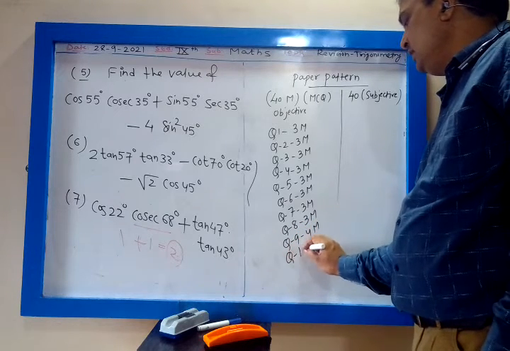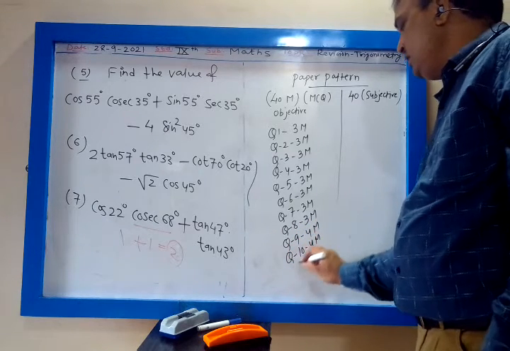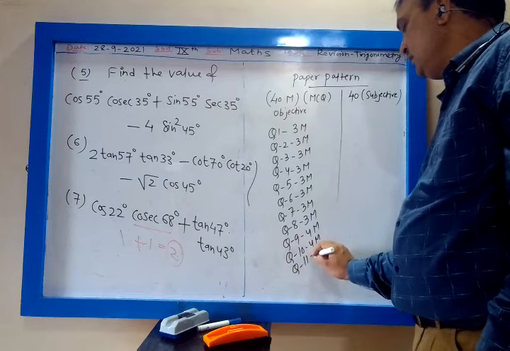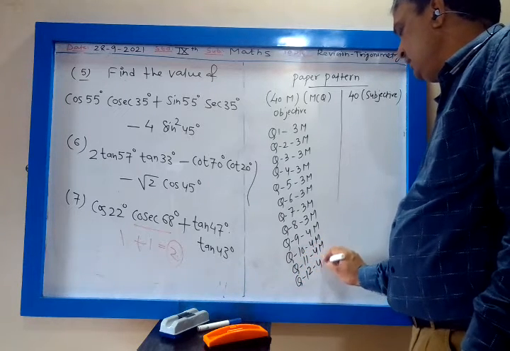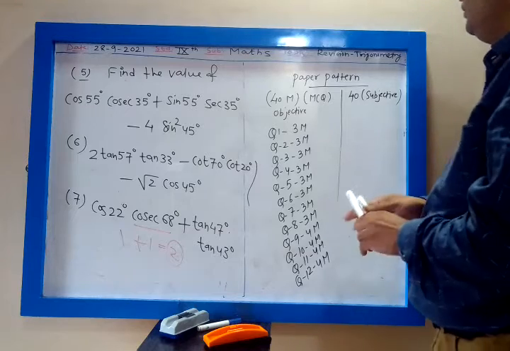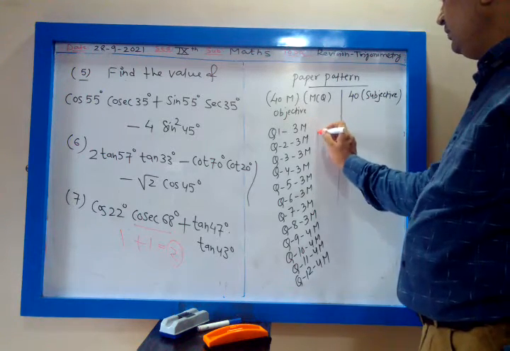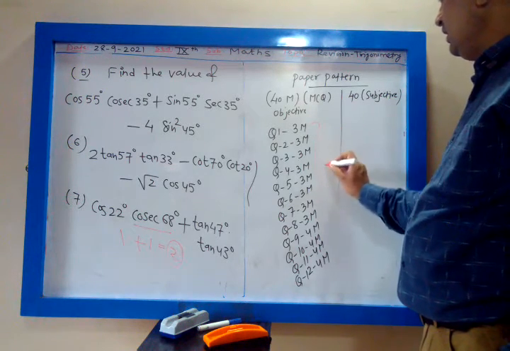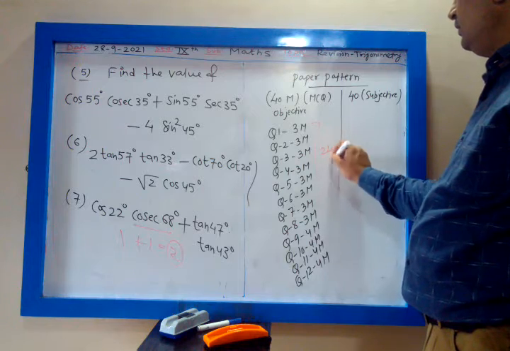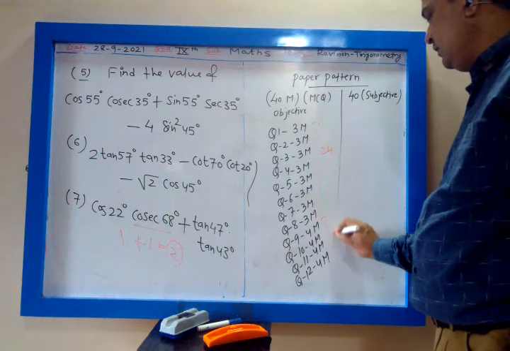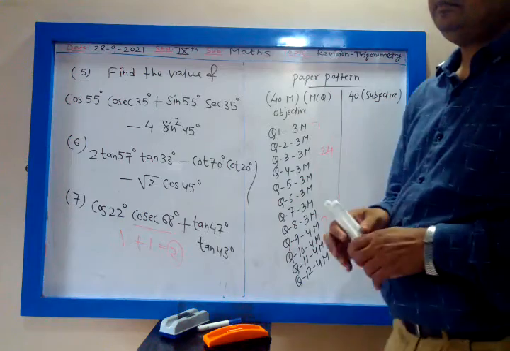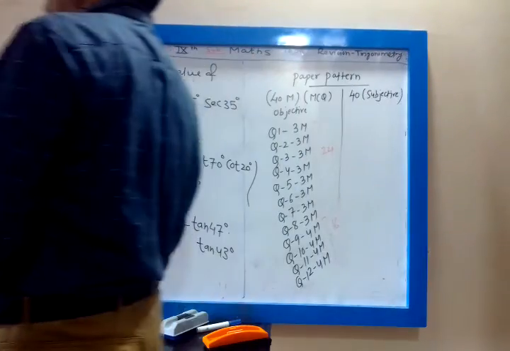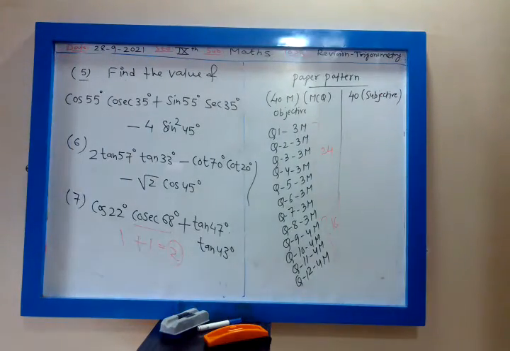Question 10, 4 marks. Question 11, 4 marks. Question 12, 4 marks. So you can count. 3 8s are 24, and 4 4s are 16. 24 plus 16 is 40. So there will be 8 questions of 3 marks and 4 questions of 4 marks. Is it clear?